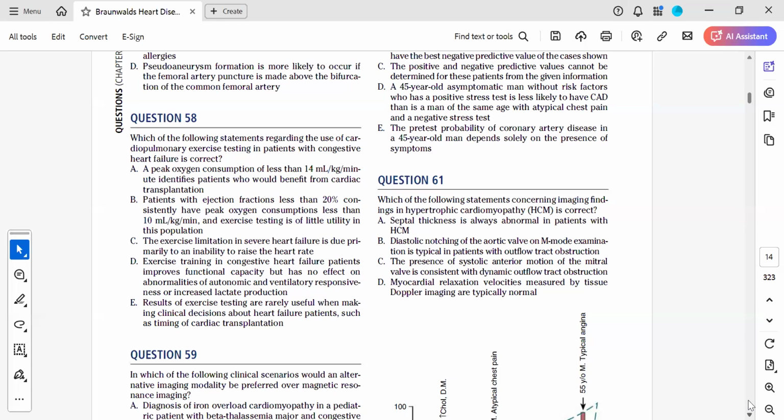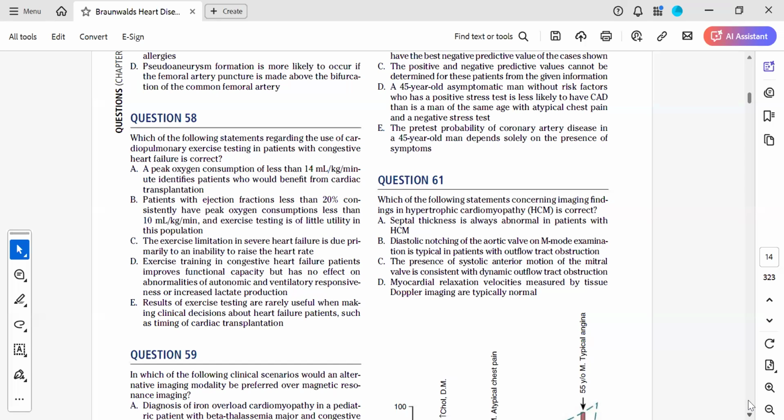A peak oxygen consumption of less than 14 mL per kg per minute has been shown to predict poorer survival, and it also helps identify a population in whom mortality is improved by cardiac transplantation. It is usually said that the normal peak oxygen consumption should be between 14 mL per kg per minute to 20 mL per kg per minute.